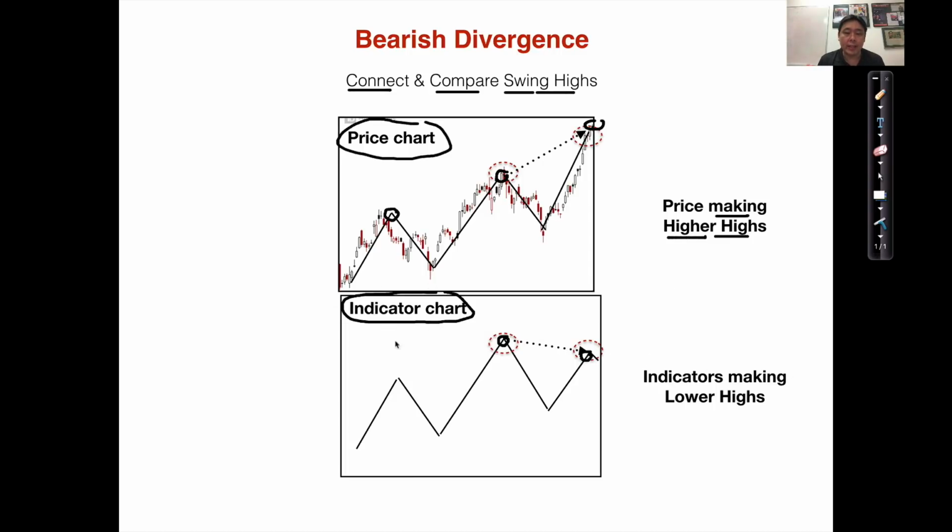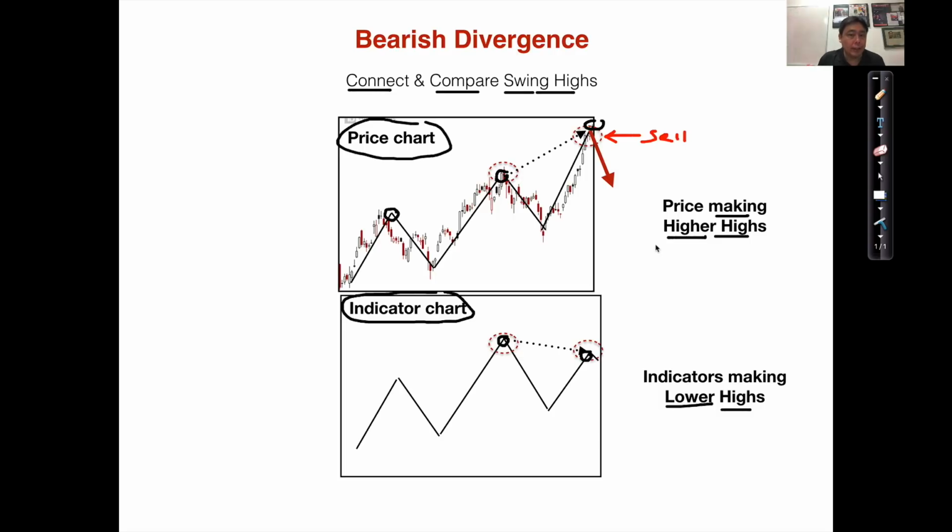We want to see that the indicator is making lower highs. There you go. So price makes higher highs, indicator makes lower highs. That's divergence. So once you see that, there's a probability that the price will start to come down. So as a counter trend trader, that's when we want to sell short. We want to short the stock to profit as it comes down.